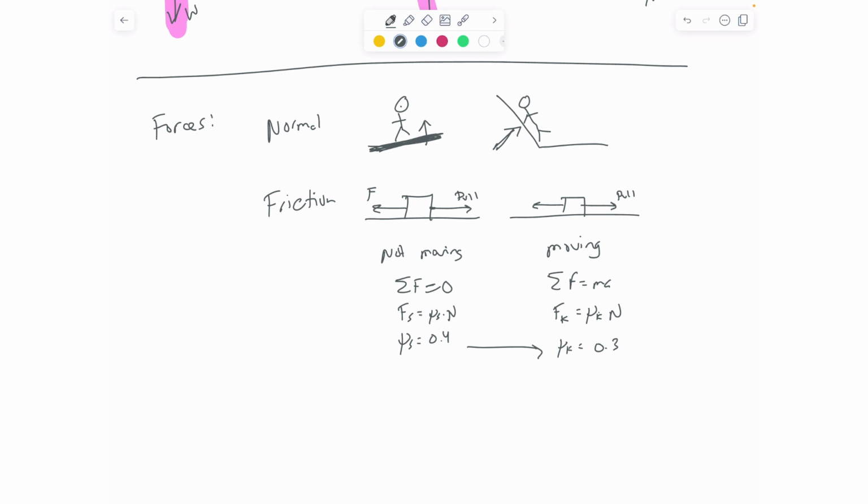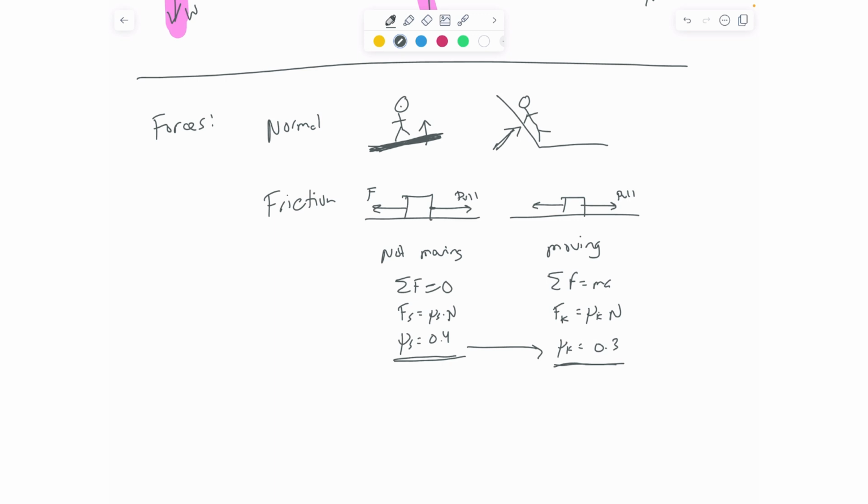If you have a box and you're trying to pull it, before it moves, it's hard to pull. But after you start pulling it, it's easier once it gets moving. That's because you're dealing with kinetic friction instead of static friction. And kinetic friction is less than static, okay? So that's why it's easier to keep something moving once it's already moving than initially getting it going.